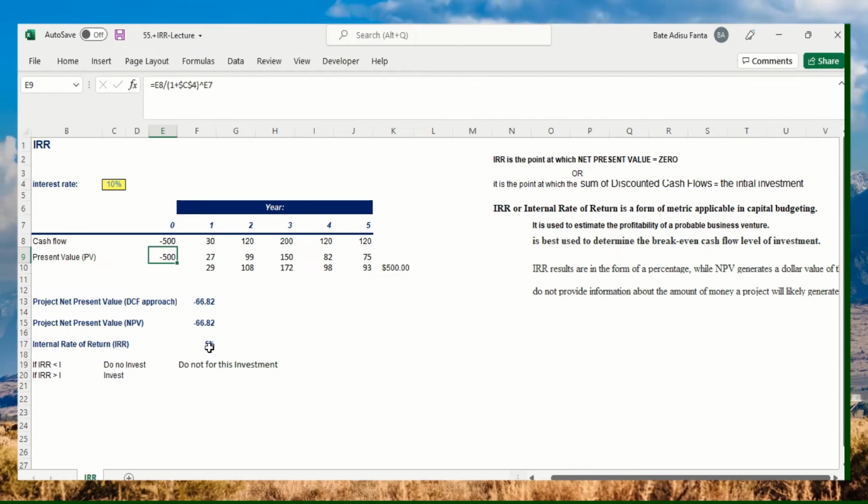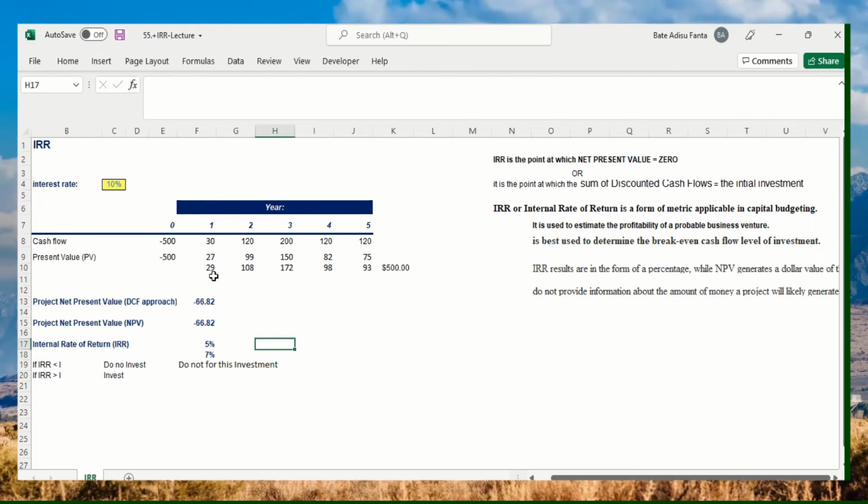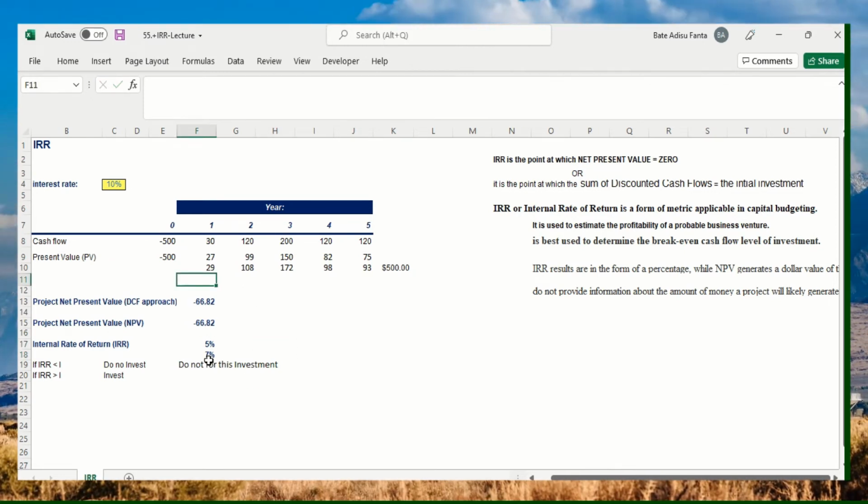If we go for a cost of capital or an interest rate more than 5%, the money we are going to generate will not cover the initial cost. How? Let's see this with 6%, or let's go for 7%. If the cost of capital we incur is 7%, can we cover our initial cost with the discounted cash flow, the present values of the 5 years?